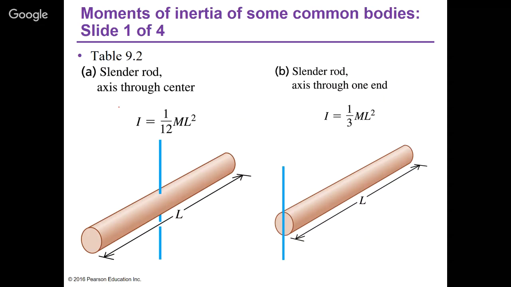So here are a couple of other examples. If you have a rod, then it will be 1/12 of m l squared, where L is the length. If you move that axis to one end of it, that's 1/3 of m l squared. So here's another case to show you: for the same object, when you move the rotational axis, the moment of inertia actually changes.